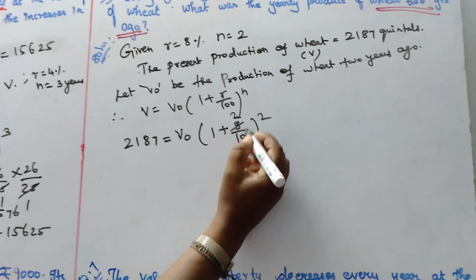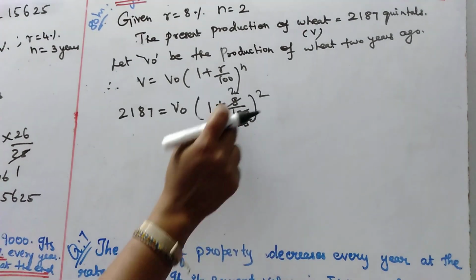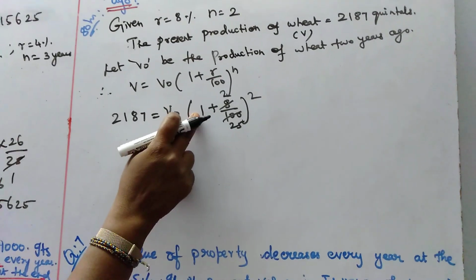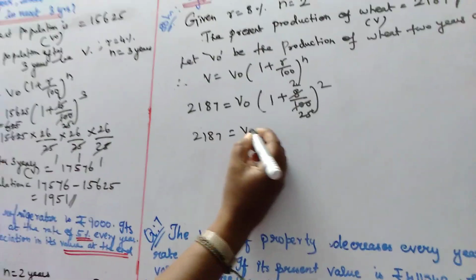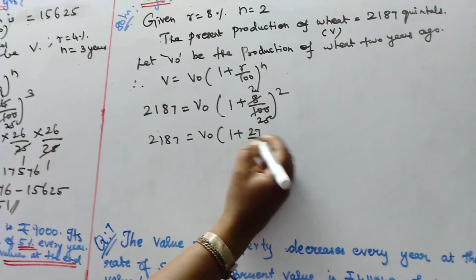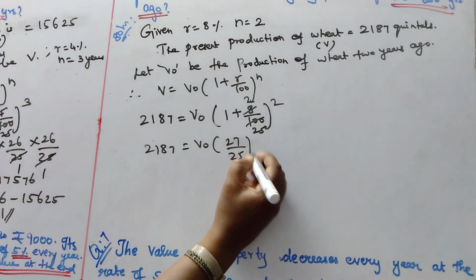So by 4 table we cancel, this is 2 times, this is 25 times. Then if we take LCM, 25 into 1 is 25, 25 plus 2 is 27, which is equal to V naught into 27 by 25 the whole square.